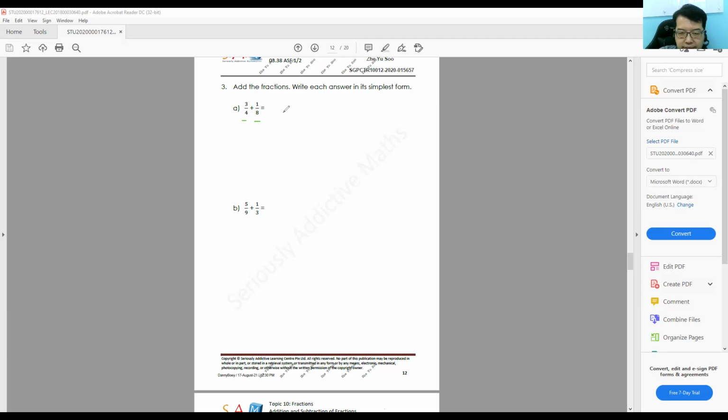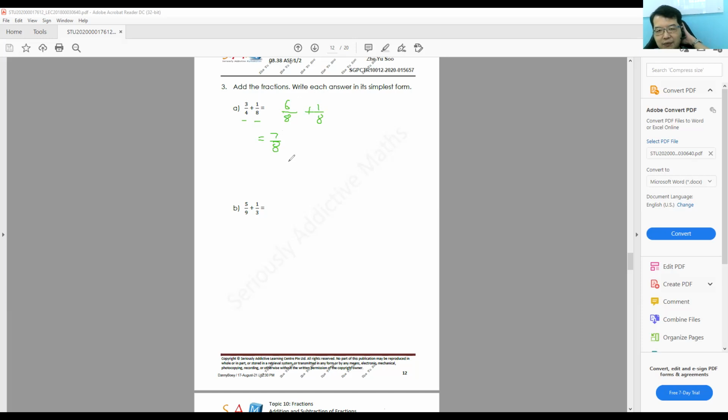So 3 out of 4 is the same as, let's see, 4 times 2 equals 8, so 3 times 2 equals 6. So 3/4 is the same as 6 out of 8. 6 out of 8 plus 1 out of 8 equals 7 out of 8.